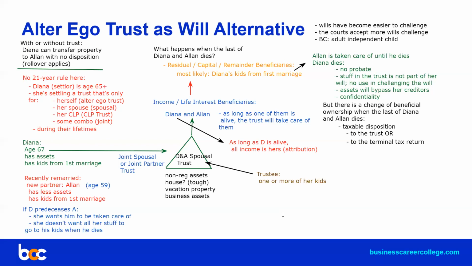Okay. I should have thought of that, Shauna. Sorry, I had to work through the whole thing. See, one bite at a time. Okay. Yeah, that's key here, Todd. Age 65 and only for you and your spouse. Yeah. That's going to be on the test. So you need to know that. Yeah, it's guaranteed. It's on the test and it's on the practical too. Yeah. I can guarantee it. Okay.